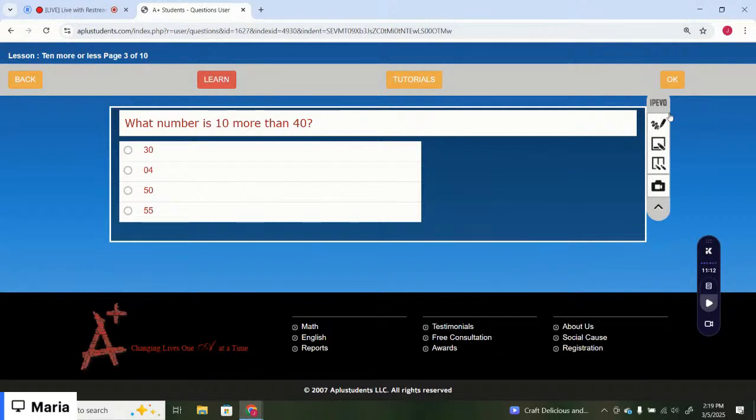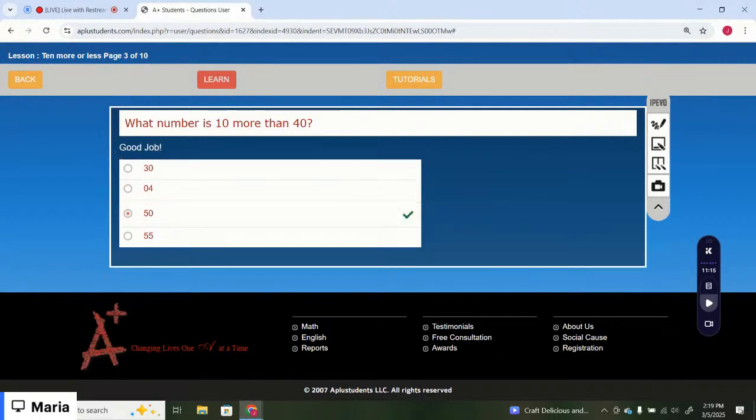10 more than 40 equals 50. Option number 3 is the correct option.